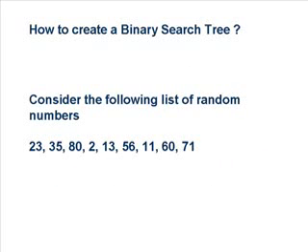Now, how do we create a binary search tree when a list of random numbers is given? Consider the following list of random numbers: 23, 35, 80, 2, 13, 56, 11, 60 and 71.